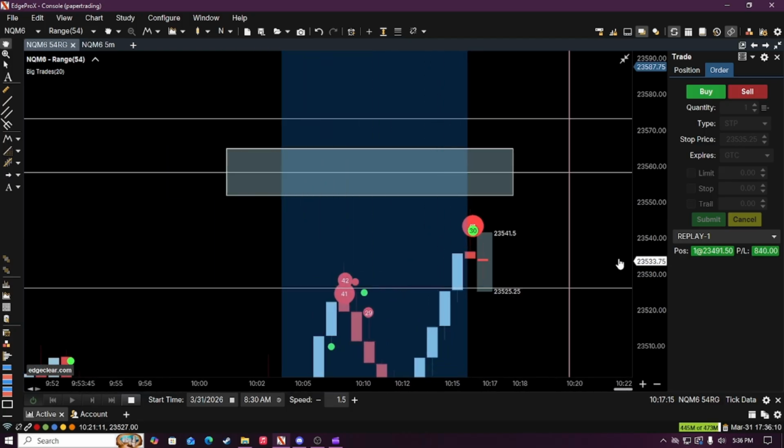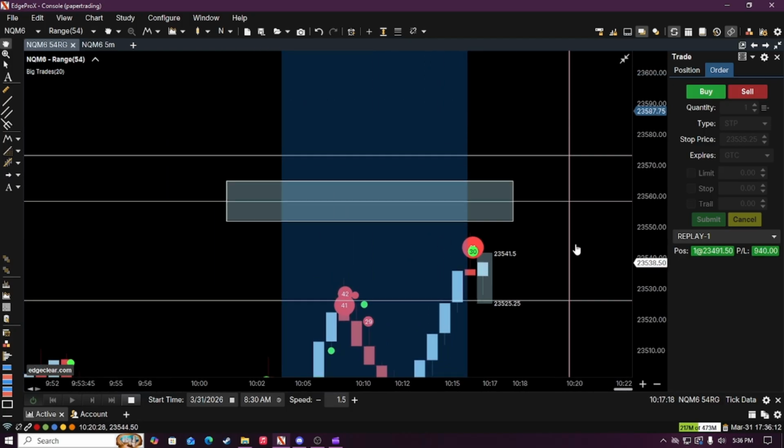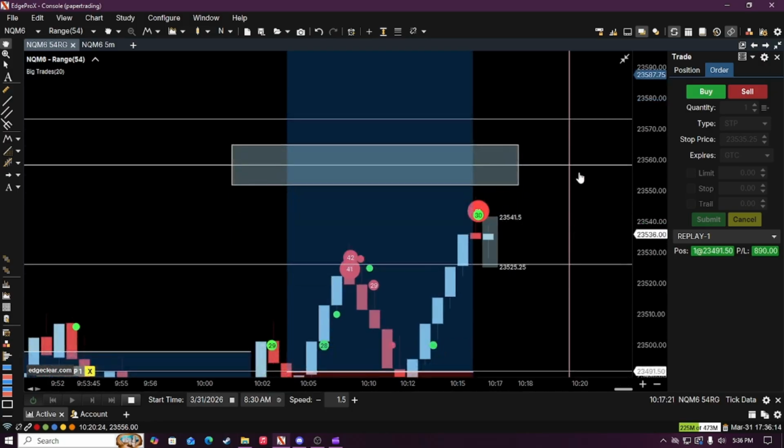Some people see this and they say, okay, I have to exit. There is a lot of aggressive selling happening here. Wait a minute, just wait a little bit. Aggressive selling doesn't always mean reversal. It can also mean absorption. There is a lot of aggressive selling here under the point of control.